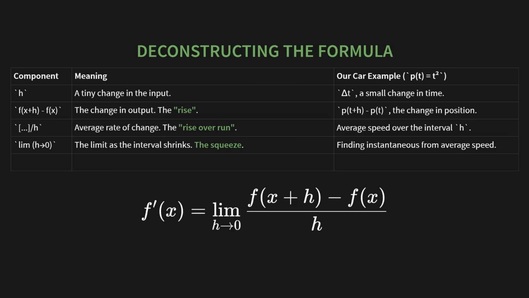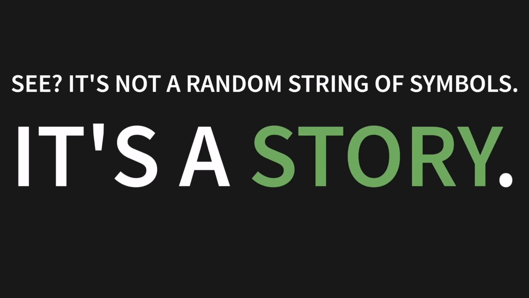It's the process of finding the instantaneous speed from the average speed. And finally, f prime of x. That's the result, the new function for the instantaneous rate of change. For our car, this becomes v of t, the new velocity function. See, it's not a random string of symbols at all. It's a story. The story we just uncovered.